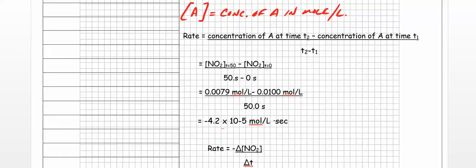Now, what we like to say about rate is that rate is always positive, because when you think about it, if you think of, for example, an automobile that's moving in the forward direction, that automobile is going to have a positive rate. So even though we got a negative sign here for this value of the rate, we like to switch it to the negative of that value, in other words, a positive value, because we say that rates are always positive.